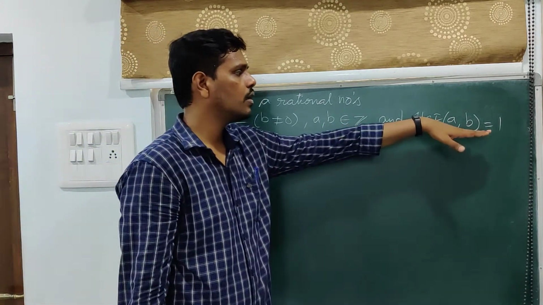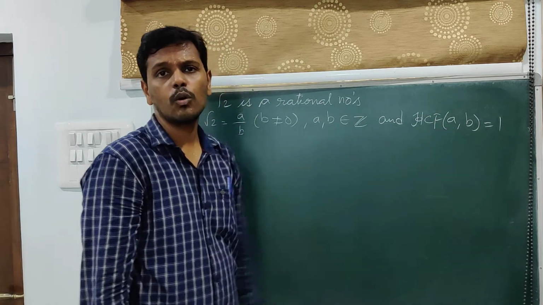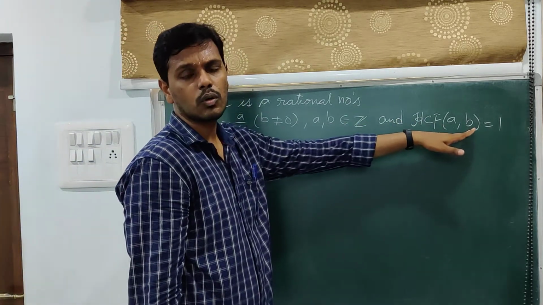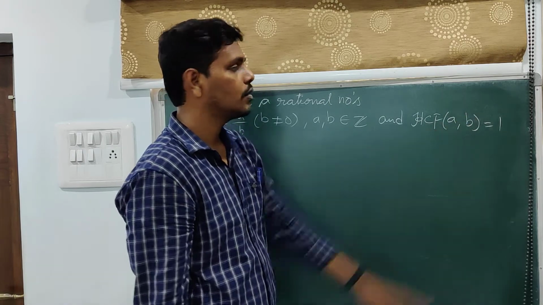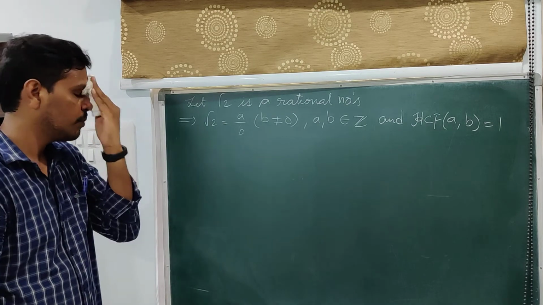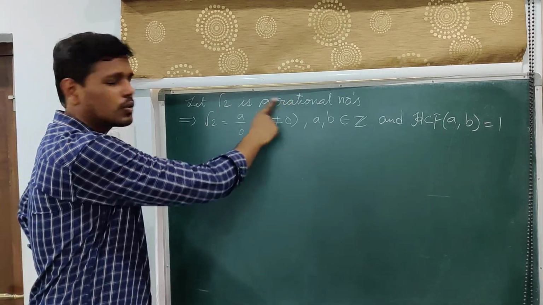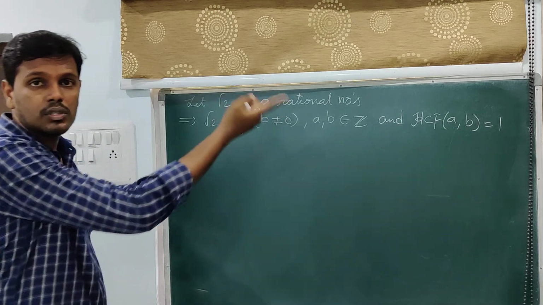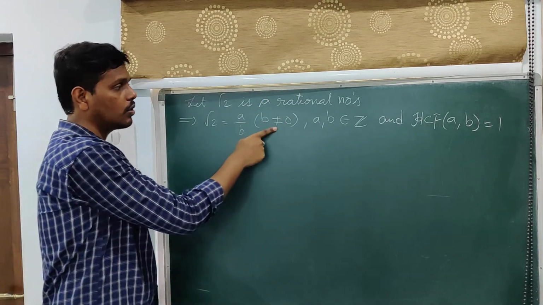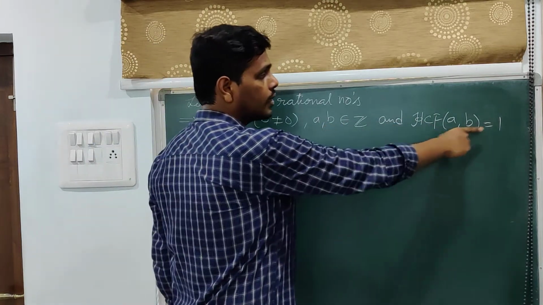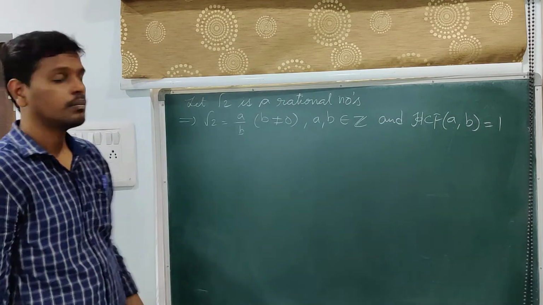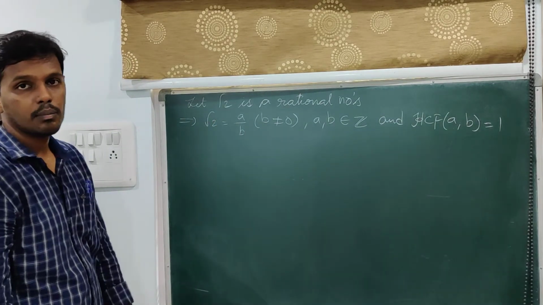HCF of a and b is 1 is the same as saying a and b are co-primes or relatively prime. Now this is the initial assumption which I am making, that is root 2 is rational. So whenever root 2 is rational, you can write it in the form of p by q. That is what I have written, where b not equal to 0, a and b are integers and HCF of a and b is equal to 1. This indicates that apart from 1 there are no other numbers which divide a and b.